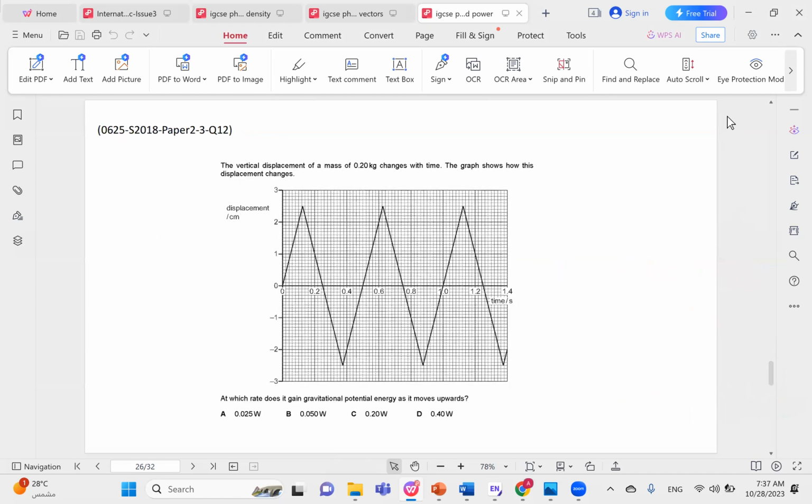The vertical displacement of a mass of 0.2 kilograms changes with time. The graph shows how this vertical displacement changes. At which rate does it gain gravitational potential energy as it moves upwards?